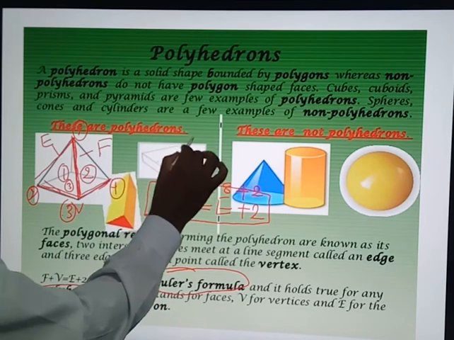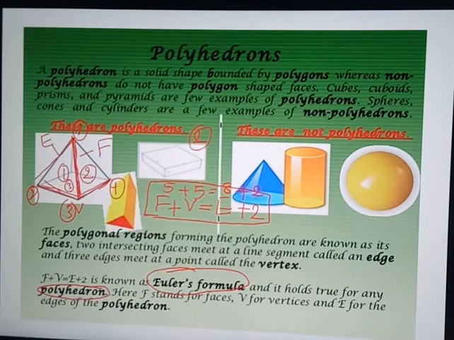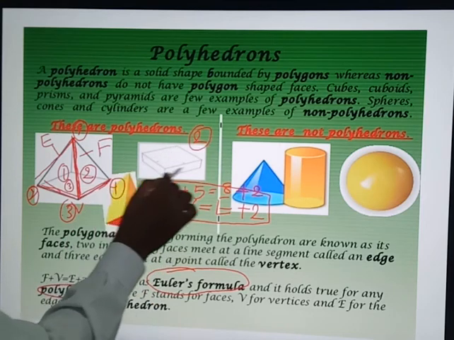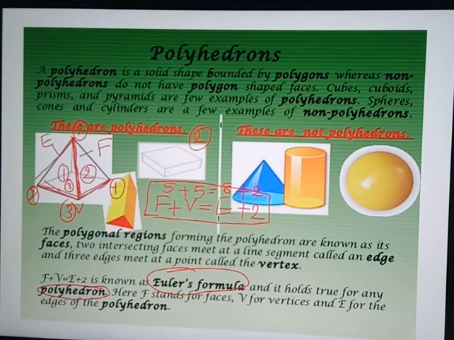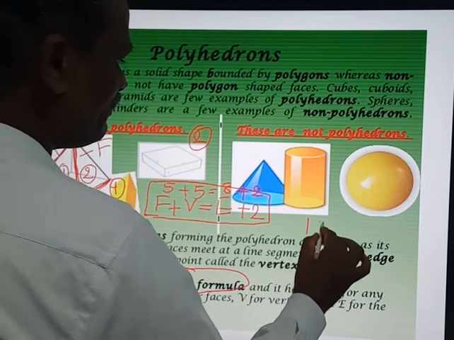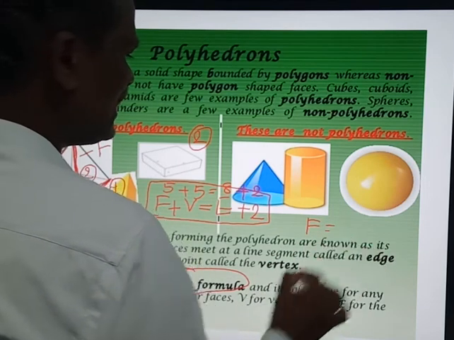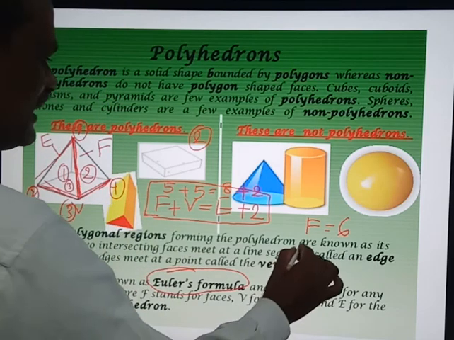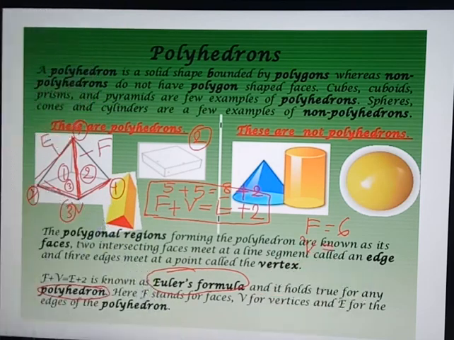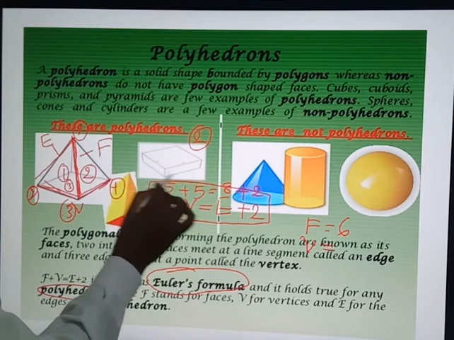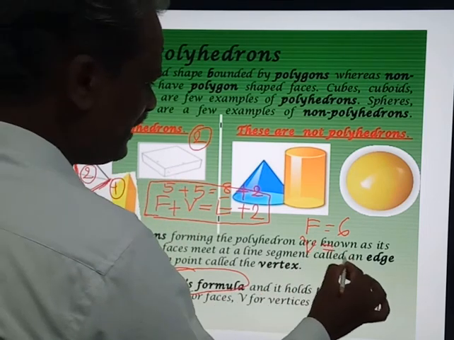You take the second one, this one also. Count the number of faces. How many faces will be there? This cuboid. Faces will be how many? 6 faces. Count the vertices. What is the number of vertices in that cuboid? You can see 4 at the top and 4 at the bottom. Total 8 vertices.